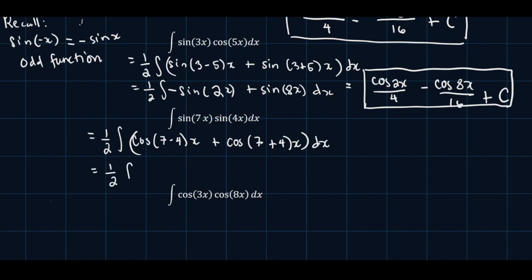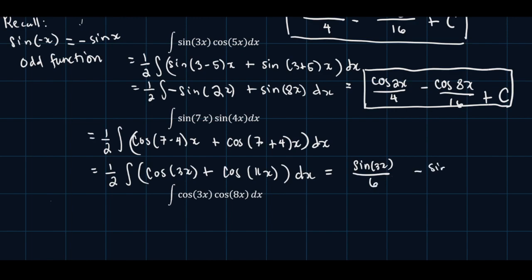So simplifying, we have 1/2 of the integral of cosine 3x plus cosine 11x dx. Then perform the necessary steps and apply integration by substitution to solve the antiderivative as sine 3x all over 6 minus sine 11x all over 22 plus c.